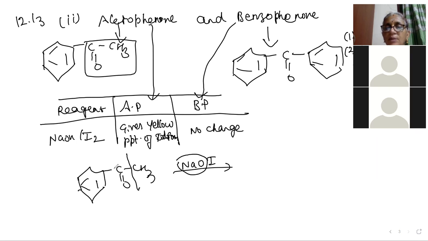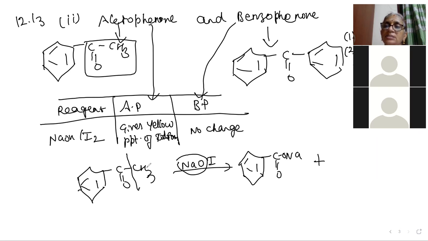The ONa part should be connected to the C double bond O. So benzene ring, C double bond O, ONa. Sodium benzoate. Plus you have to convert all these hydrogens into I. Iodination followed by hydrolysis. That is what is happening during the iodoform reaction.